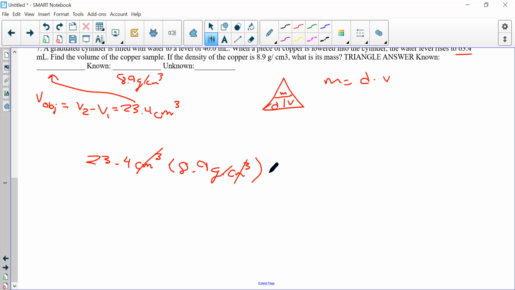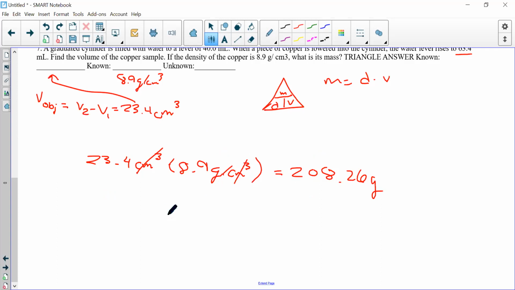And this comes out to be 208.26, and my answer's in grams. So you've got a 208 gram sample of copper that rose the water level by 23.4 centimeters cubed or milliliters with a density of 8.9 grams per centimeter cubed.